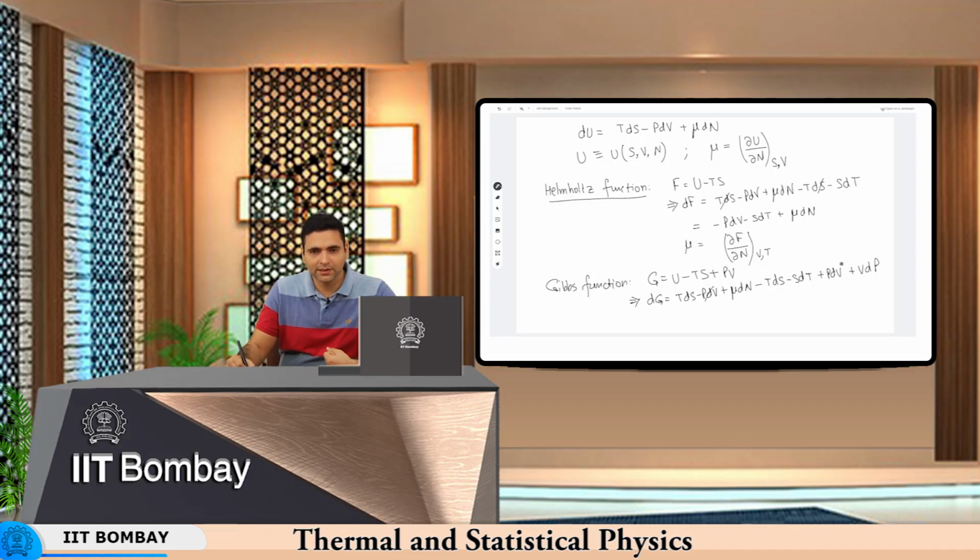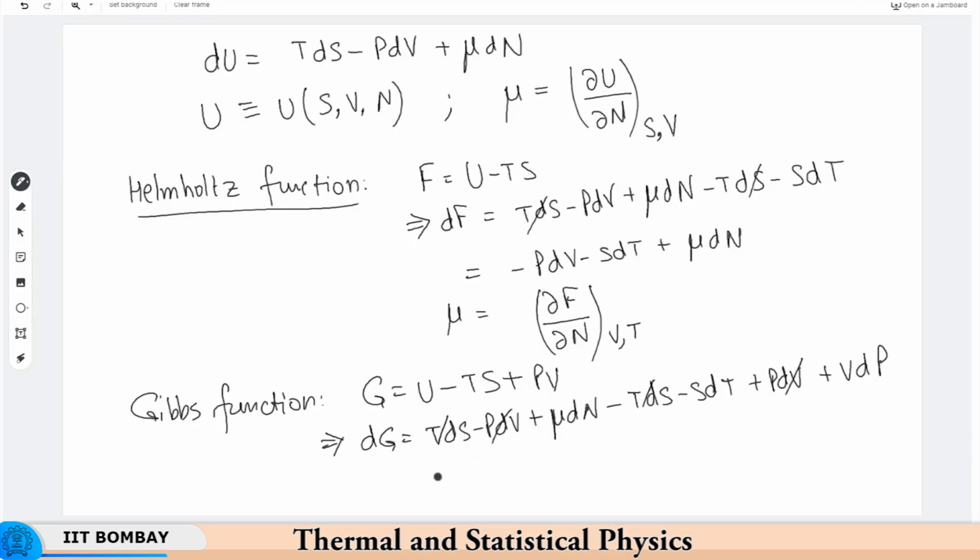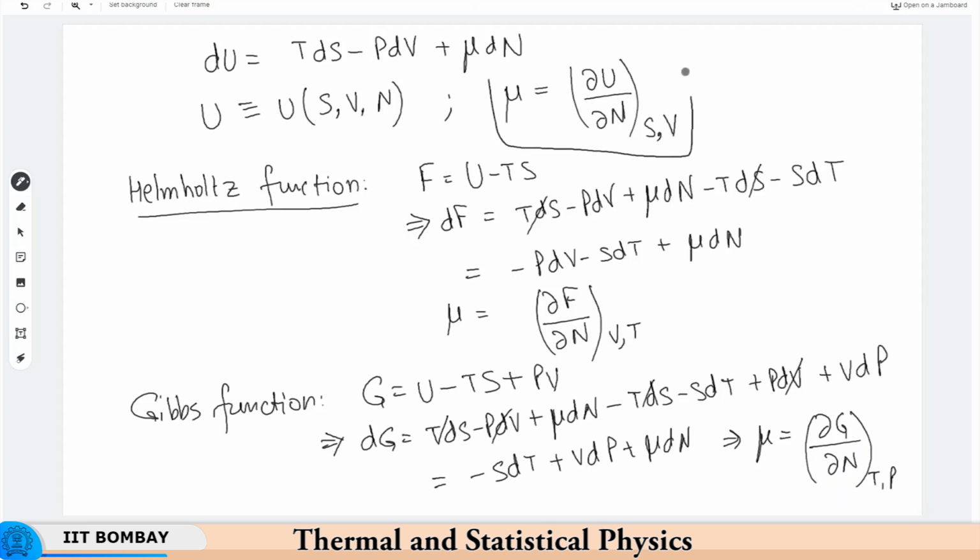So, TdS will cancel out and we are left with minus SdT plus VdP plus mu dN, in which case I can define my chemical potential as the partial derivative of the Gibbs function with respect to number of particles while keeping temperature and pressure constant. Okay. So, I have written down three definitions of chemical potential and they are all equivalent.